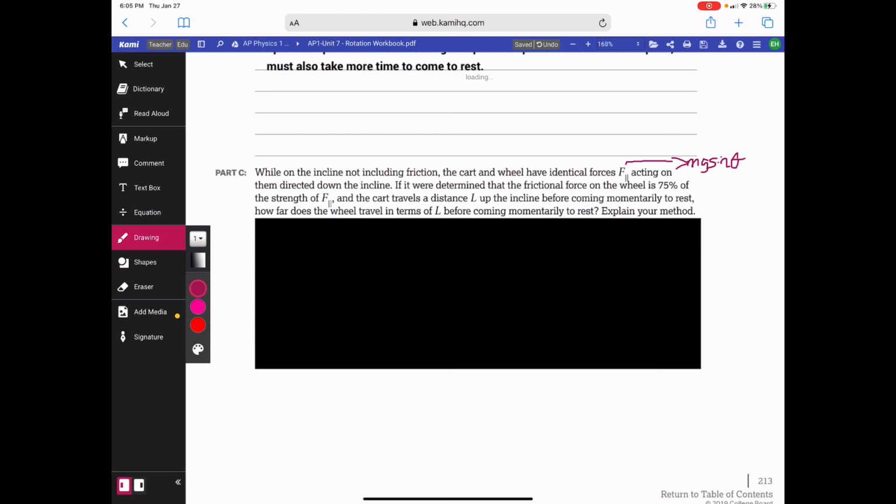If it were determined that the frictional force on the wheel is 75% of the strength of this F parallel and the cart travels distance L up the incline before coming to rest, how far does the wheel travel in terms of L momentarily? Well, think about it. If the frictional force is 75% of this, that means the net force is only going to be a quarter.